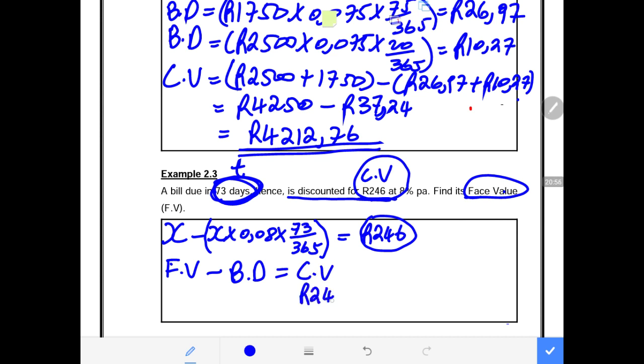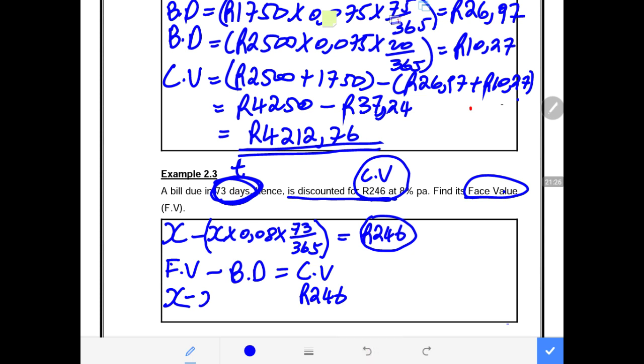We do have the cash for this bill, and we don't know our face value, but we know the formula for the banker's discount: face value, which is x, multiplied by rate, which is 8%, multiplied by t. So this x times r times t is the banker's discount.